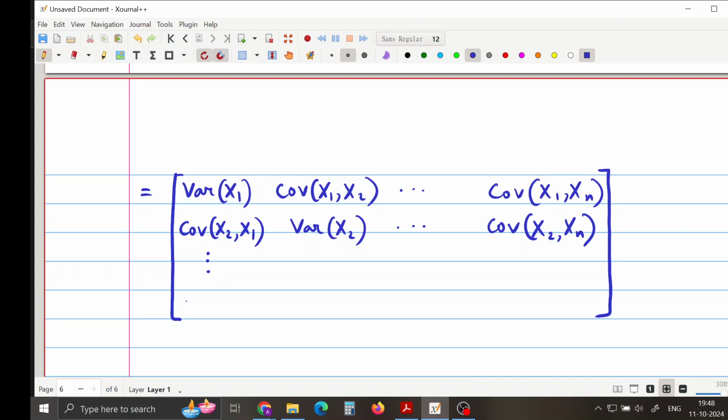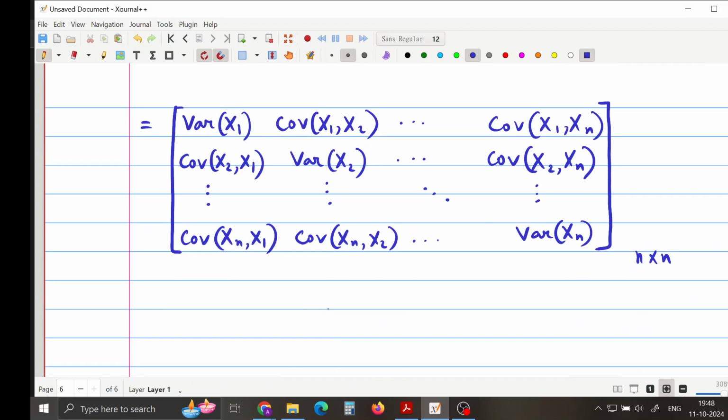All the way for the nth row, you will have covariance of xn comma x1, covariance of xn comma x2, and the n comma nth entry would be the variance of xn. This is your n cross n matrix, and this is exactly what has been asked to prove.